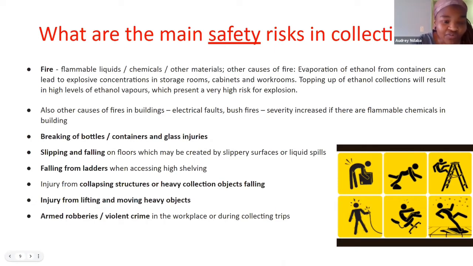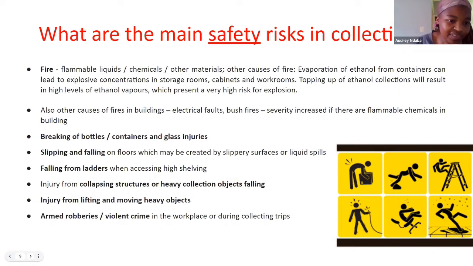Other examples that can cause fire are flammable liquids, flammable chemicals or other materials, and the evaporation of chemicals that we may have in the building. Those are examples of the risk of fire.